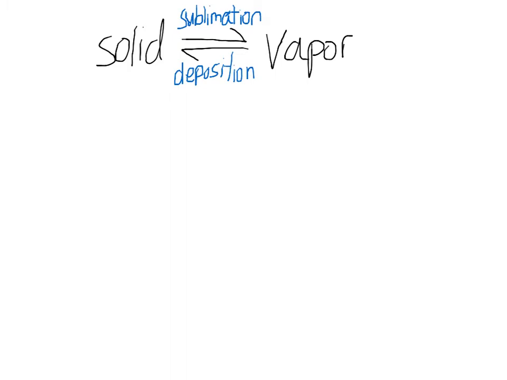Now we're going to be talking about between a solid and a gas. A solid can go directly to the gas phase, and this is called sublimation, and it can go in reverse from the vapor to the solid, called deposition. And the same thing applies. We have something called the heat of sublimation, and that's basically the energy required to sublime 1 mole of a solid, so to take 1 mole of a solid into the gas form.